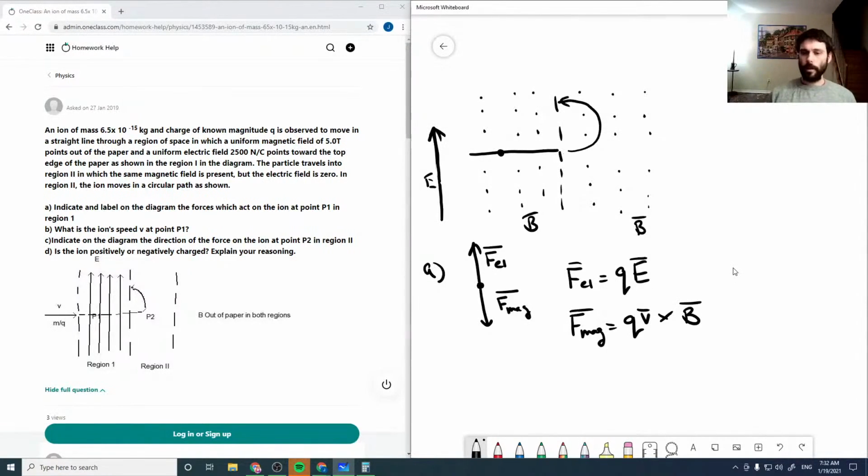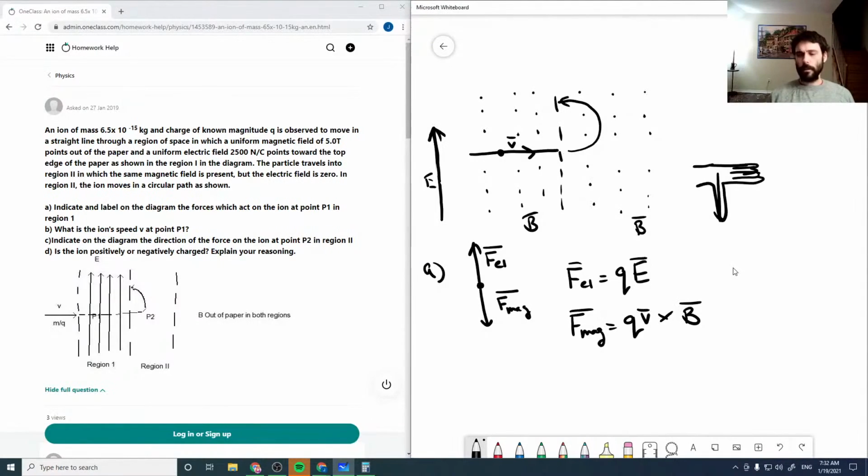And if we use our right-hand rule, our velocity is this way. So we point our fingers in the direction of the velocity and our palm in the direction of the B field on our right hand, and then our thumb will point in the direction of the force.